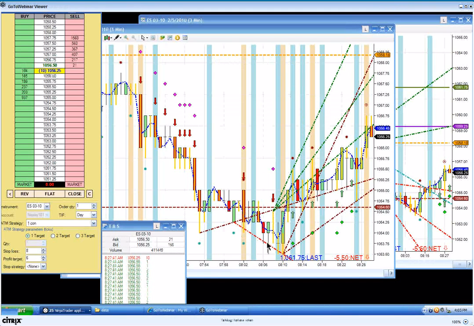As you can see, as the market goes higher and higher, or lower and lower, and it approaches one of these resistance pivots, it will either stop and bounce off it and go back the other way, or it will hang up for a while until it builds enough momentum to penetrate through it.